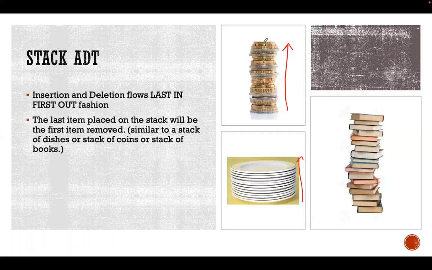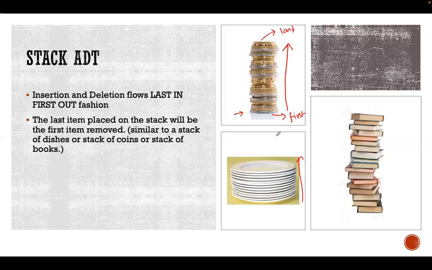Now let's look at this stack. In this stack, this is our first item and this is our last item. Now let's say I want to pick a coin from this stack, meaning I want to remove a coin.